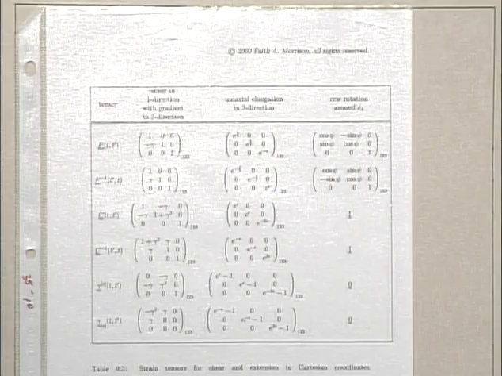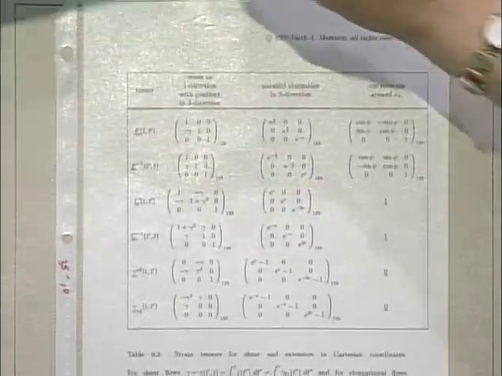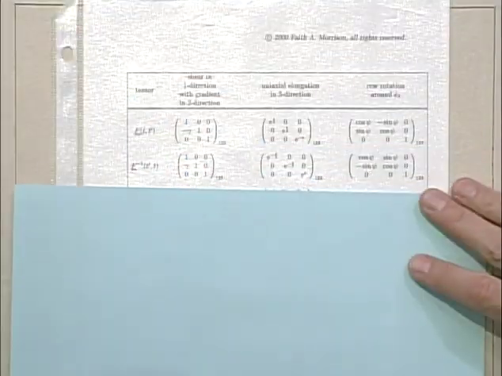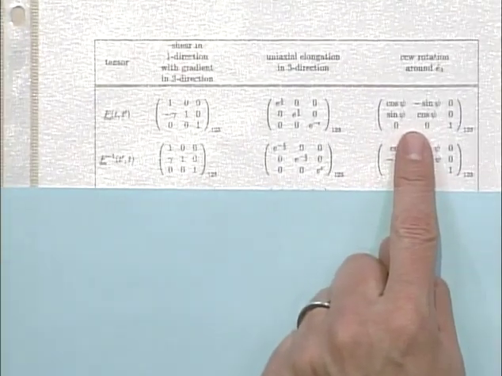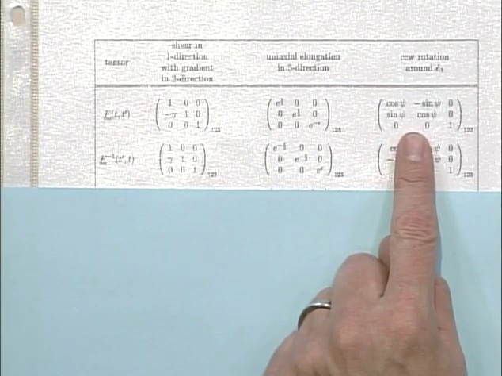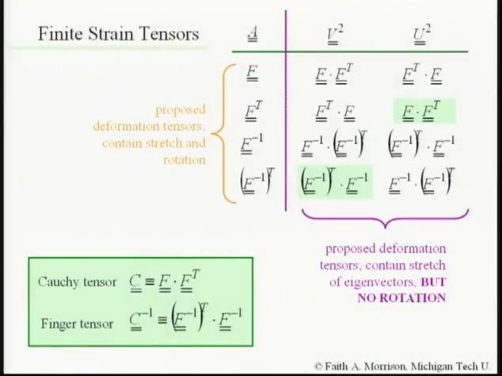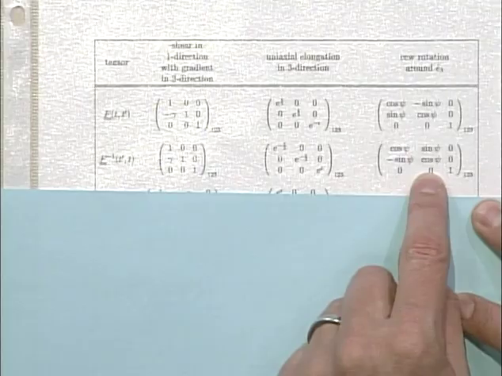We have this table and we have the definition. Let's say the Finger tensor is F inverse transpose F inverse. If we look on the table, we've got F inverse.